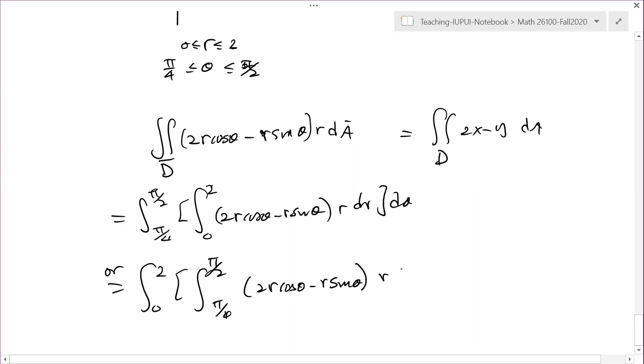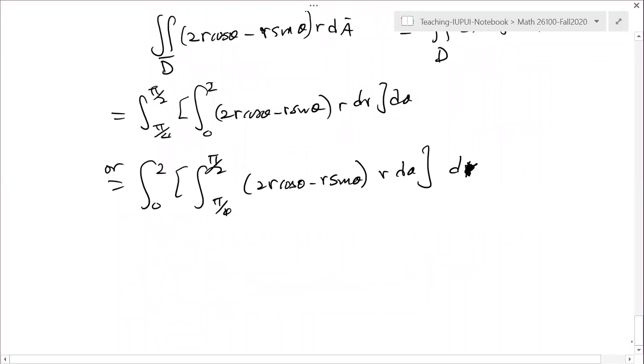I think the second one is better, so I can get rid of theta first. So the question is the integral of cosine theta, and what is the integral of sine theta? You can take an r out, and the r squared is there.